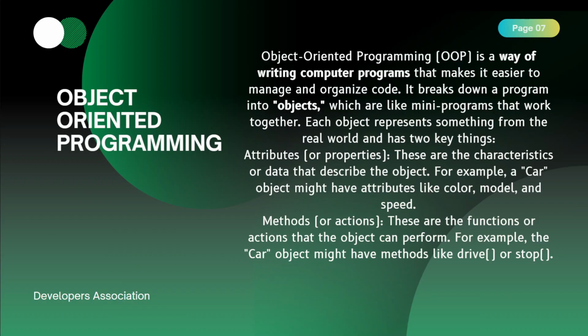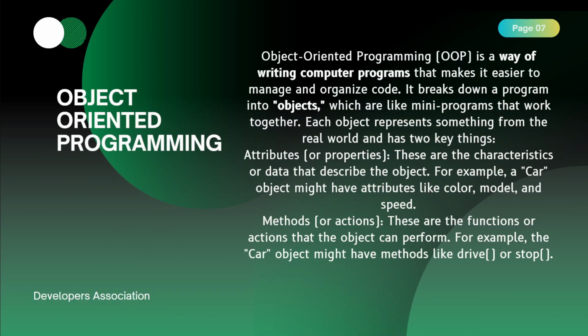Each object represents something from the real world and has two key things: attributes, or properties. These are characteristics or data that describe the object. For example, a car object might have attributes like color, model, speed, even engine. Methods, or actions.